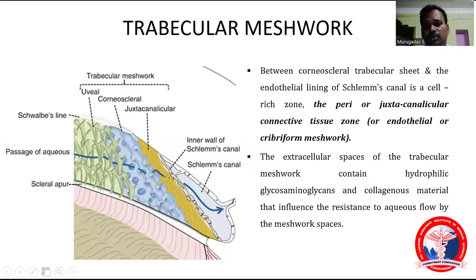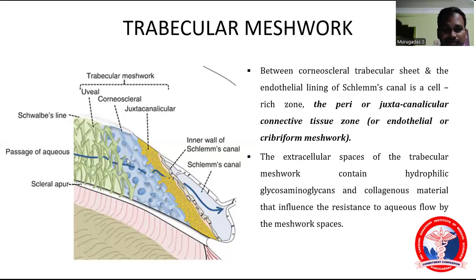Between the corneoscleral trabecular meshwork sheet and the endothelial lining of Schlemm's canal is a cell-rich zone, the peri- or juxtacanalicular connective tissue zone, also called the endothelial or cribriform meshwork.